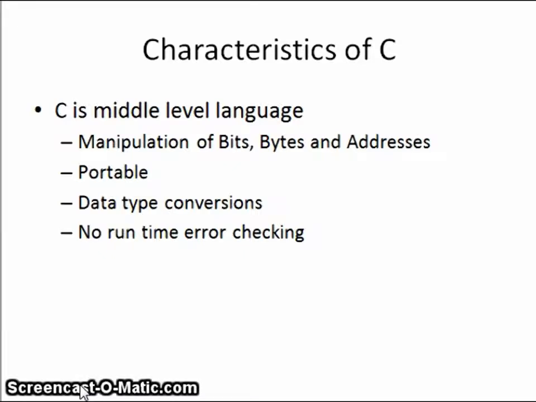Similarly, portability. What do we mean by portability? That we write code for a particular hardware or operating system, and if we have to execute that code on some other platform, operating system or embedded system, then for a C language program we can compile the code for some other hardware or operating system easily.